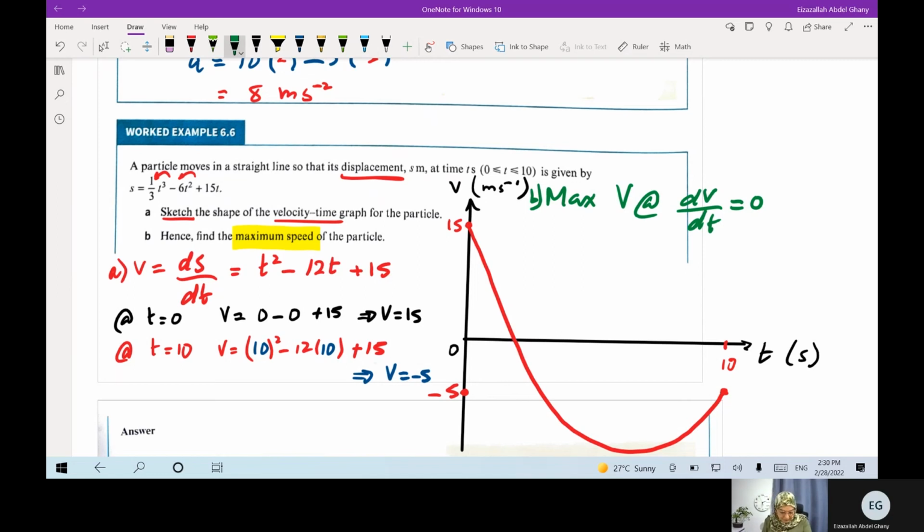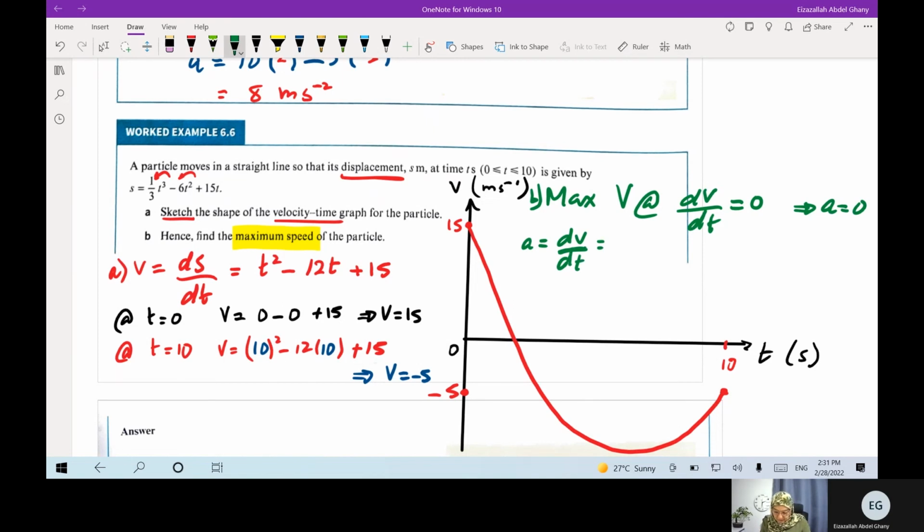So here we have the velocity, which we got already. And now we need to find dv by dt. Of course, it is acceleration. Yes, it means acceleration is 0. So the power goes down, decreases by 1.